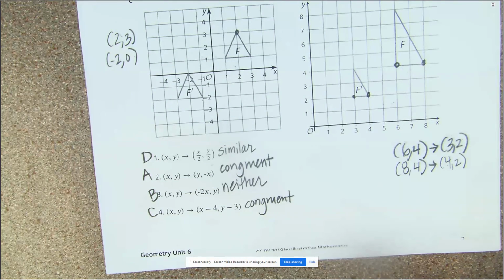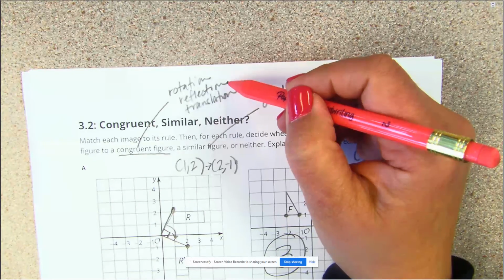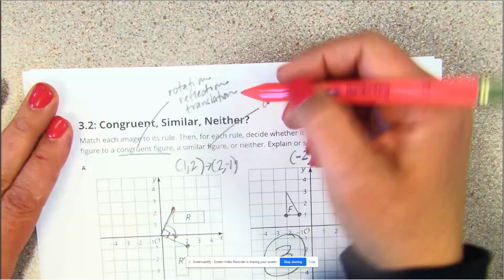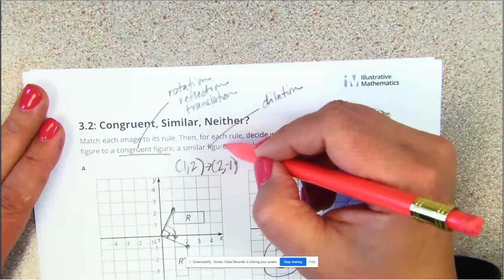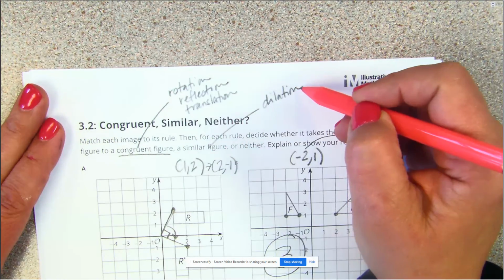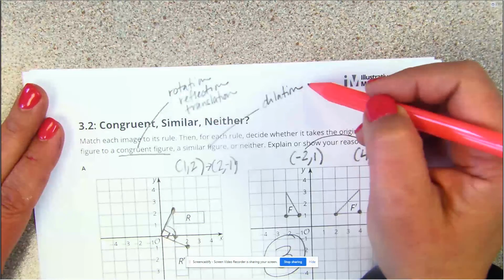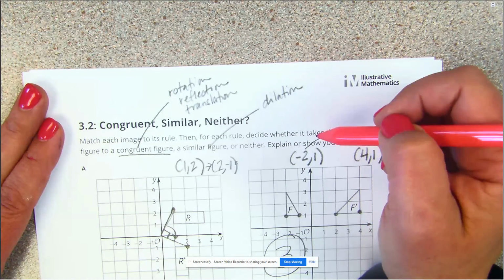So rigid transformations, which are your translation, your rotation, and your reflections, those produce congruent. Dilations produce similar figures, and if it's none of those, then it's neither.